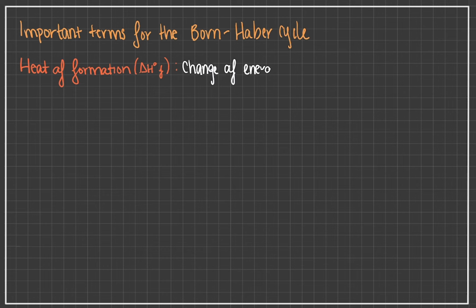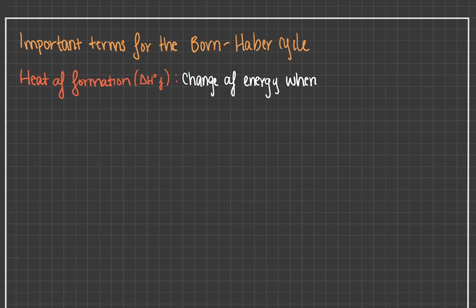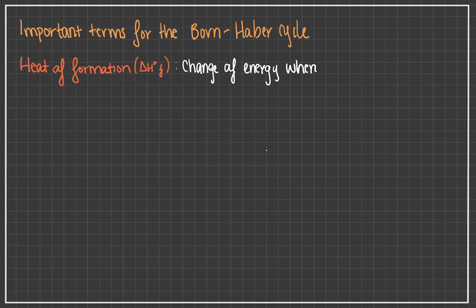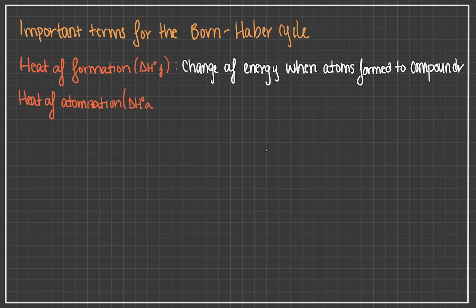Our heat of atomization is the energy required to change the phase from a solid to a gas. As we can see in the second step, our A component is brought from a solid to a gas.